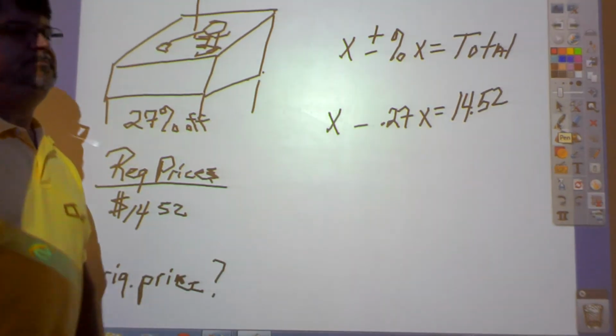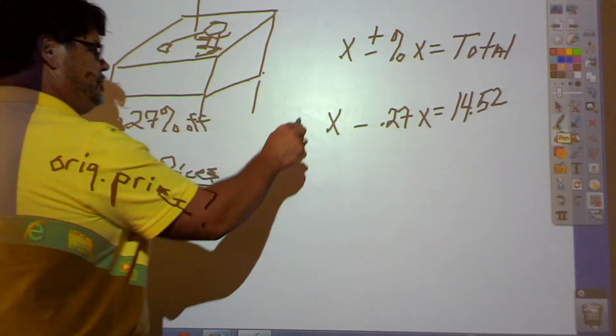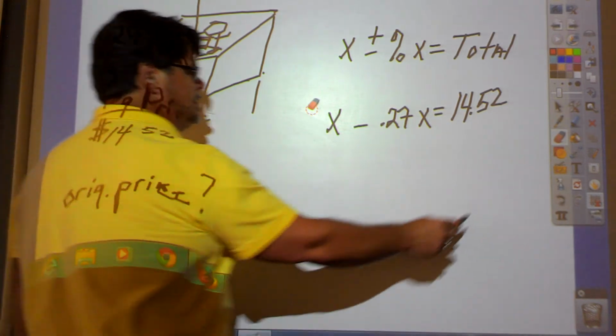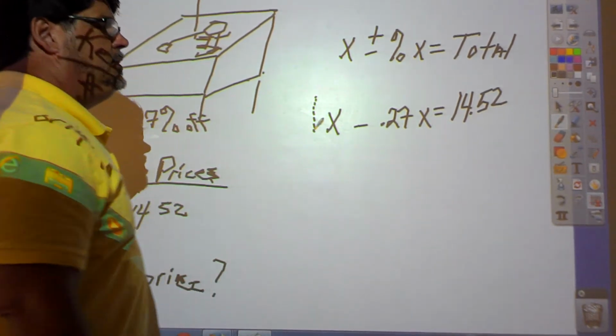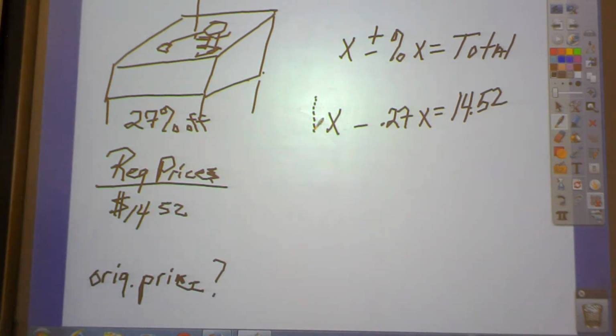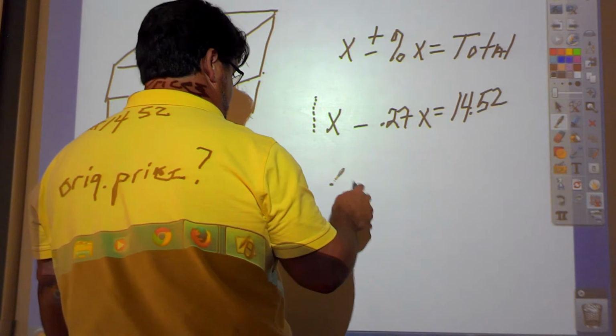Now finish it. Most people will sit here and stare at this formula for 20 minutes. But if I do this, then they do it. What's 1 minus 0.27? 0.73.